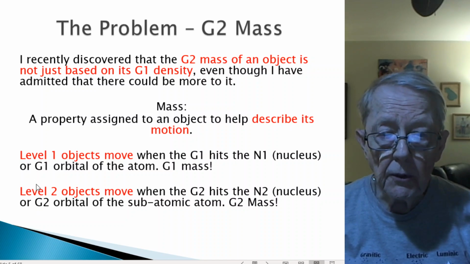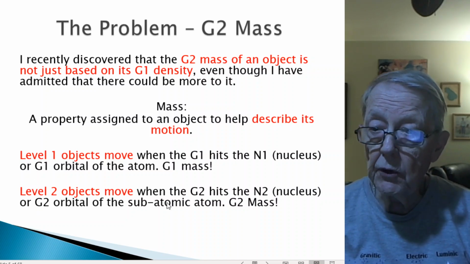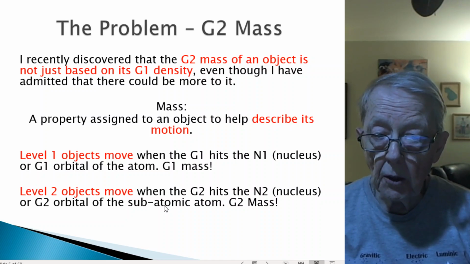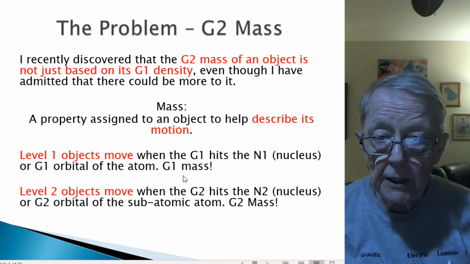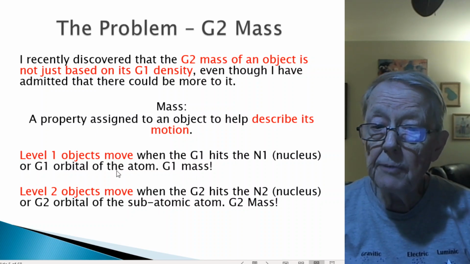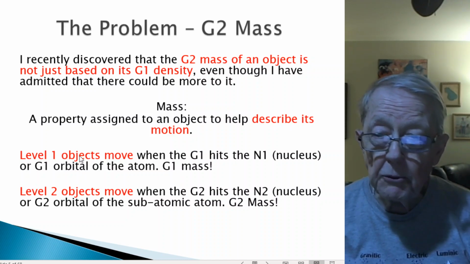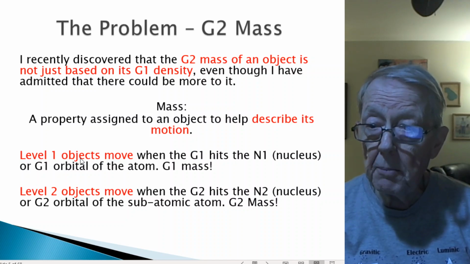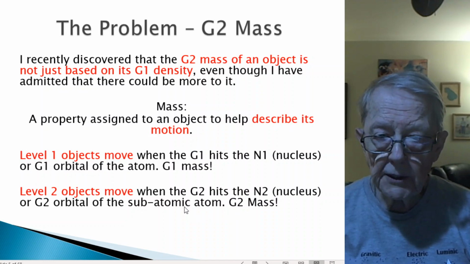Same for level 2. Level 2 objects move when the G2 hits the N2 nucleus or the G2 orbital of the subatomic atom. We call this G1 mass. When G1 causes the motion, G1 mass is the value we assign to objects to help describe that motion. Same with G2 mass.